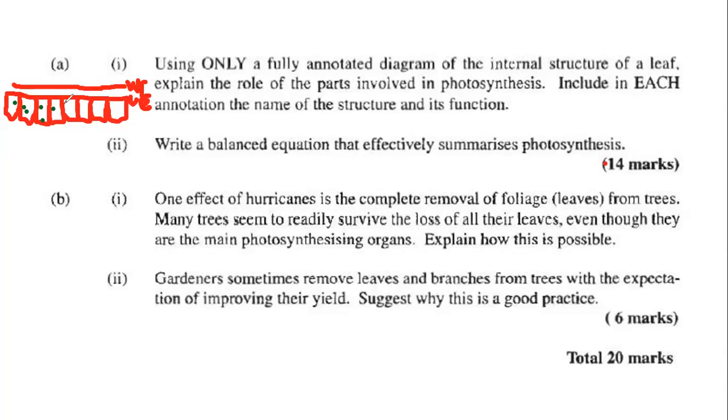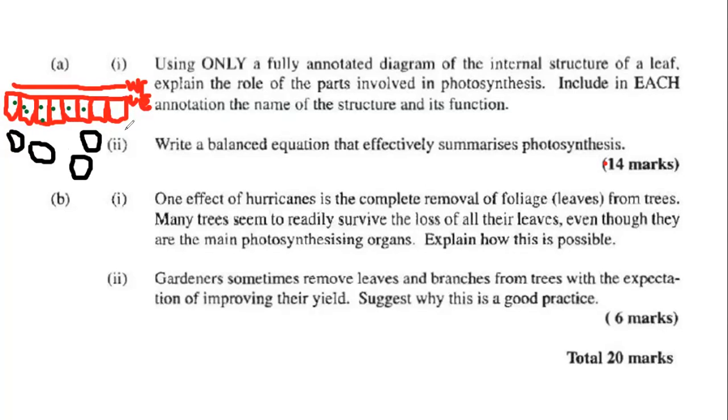All right, what comes beneath the palisade mesophyll? The spongy mesophyll, which has a whole lot of what? Spaces between them for gaseous exchange.